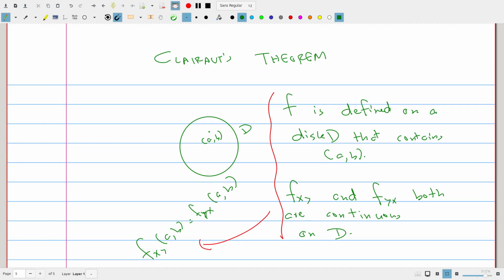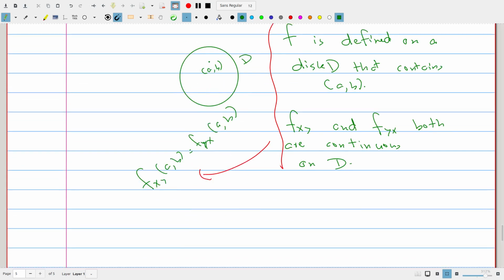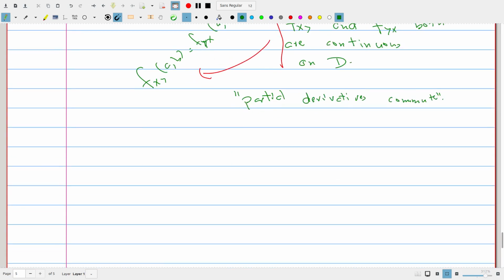The simple way of stating this is to say partial derivatives commute. Let's put this in different notation.